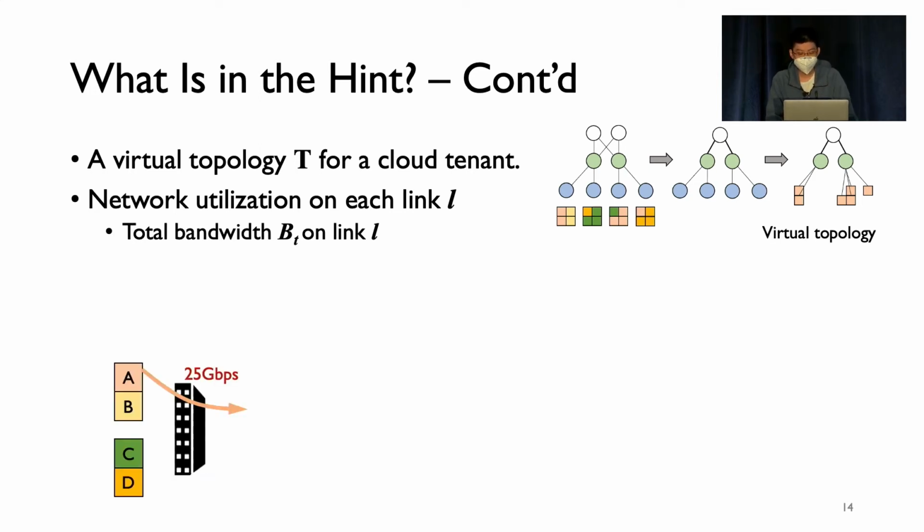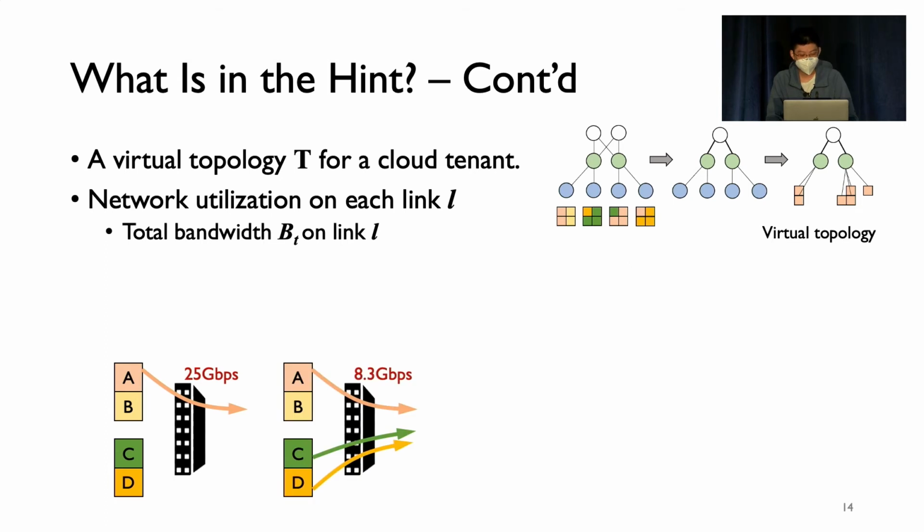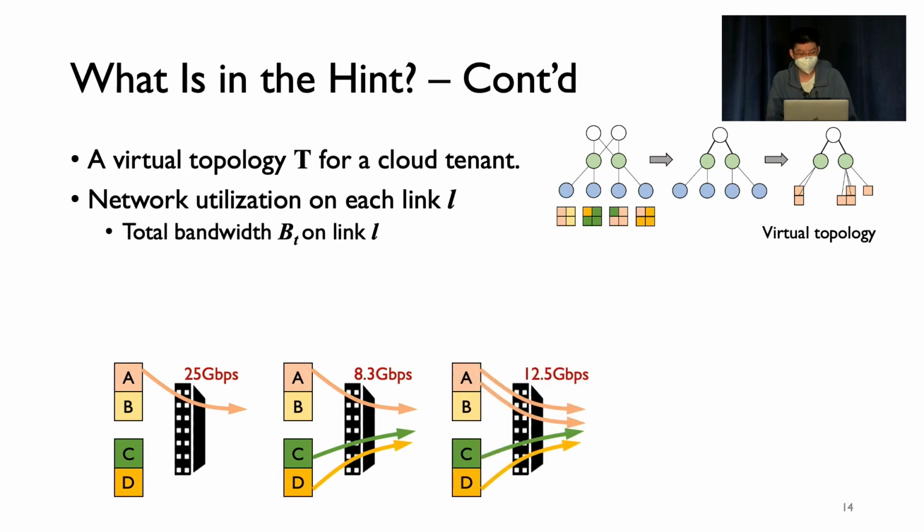Next, consider how much bandwidth a VM can get. It not only depends on the current status of the network, it also depends on how many flows an application wants to start and how these flows will share the network with other flows. If an application decides to start a different number of flows, it can get a different bandwidth.